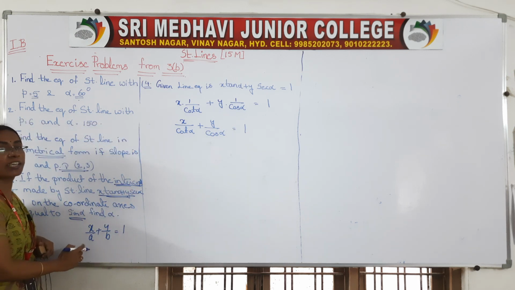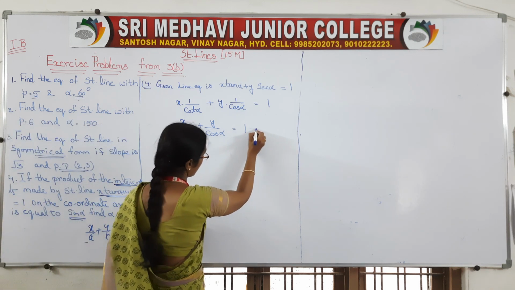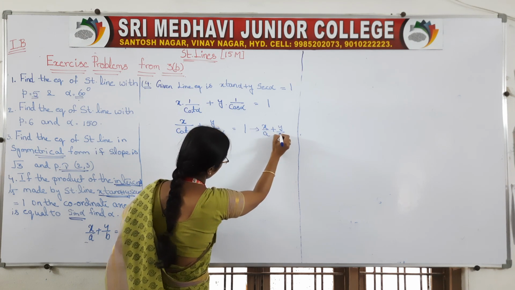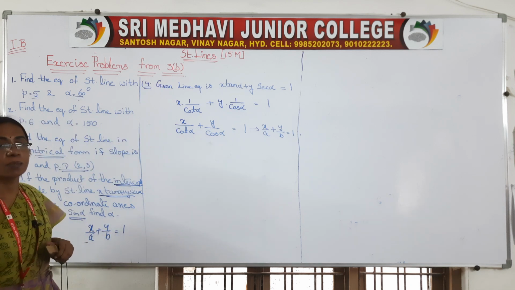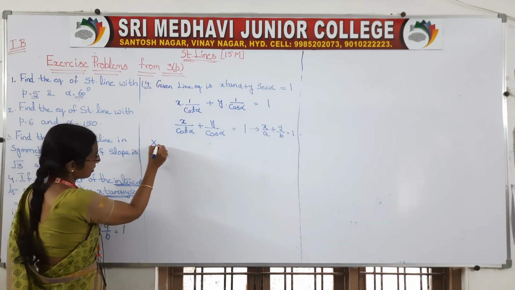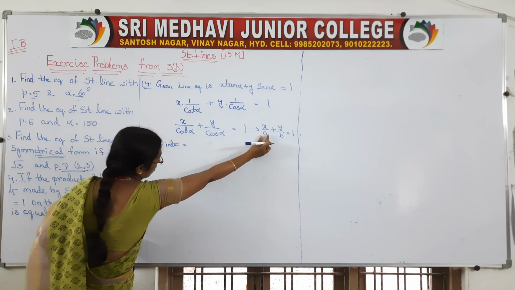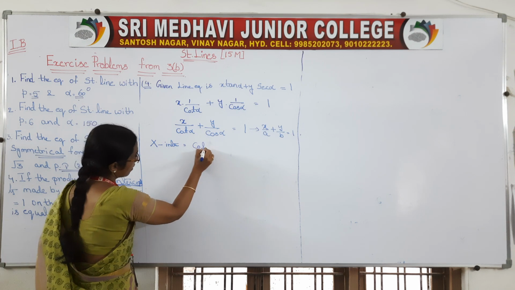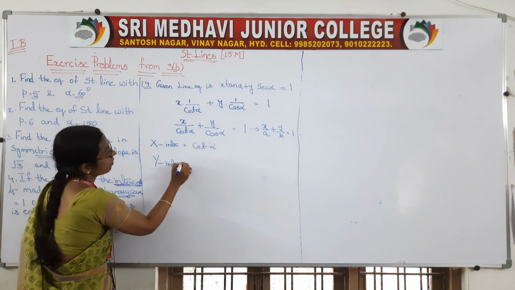See how nicely you got the line into your intercept form, isn't it? x by a plus y by b is equal to 1, which is of the form intercept form. So the x-intercept is cot alpha, and the y-intercept, what is it?